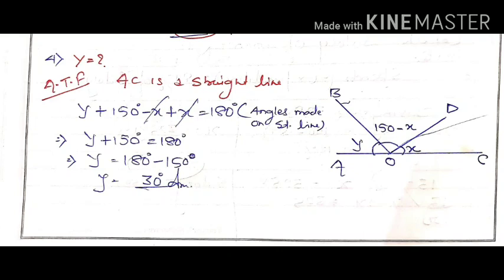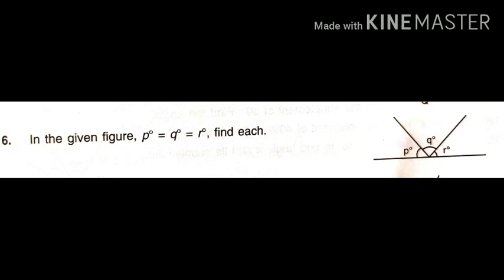Y plus 150 equal to 180 degree. Therefore y is equal to 30 degree. Since you see here two variables are used here, y and x, you plus it, simplify, and your answer will come. On which concept it is based? AC is a straight line. Clear?